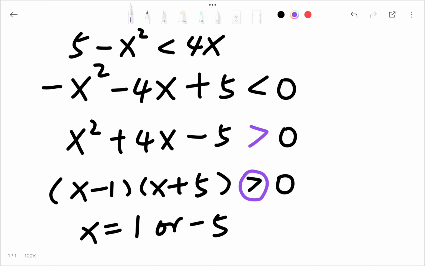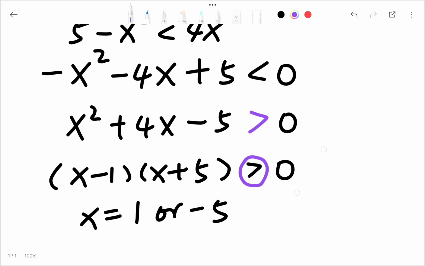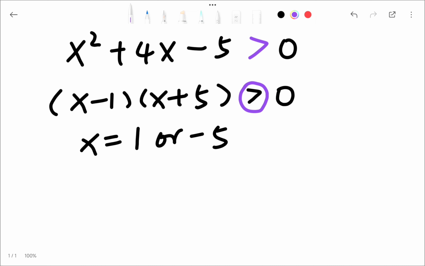In this case, we have a greater than, and that's why the answer is written as x is greater than 1 or less than -5.